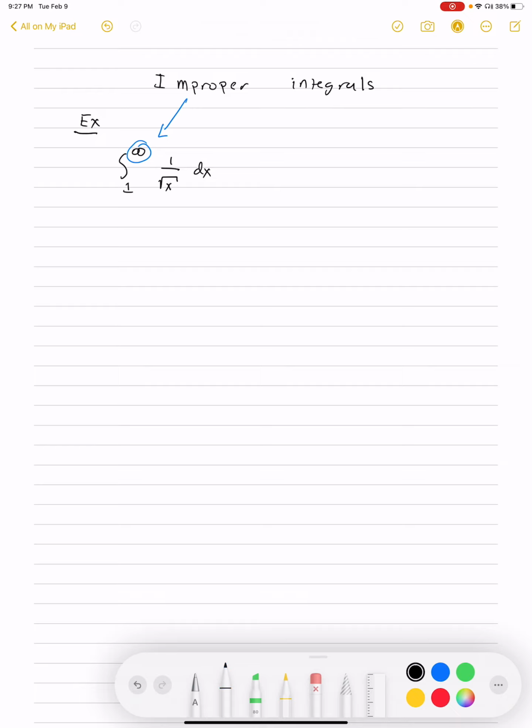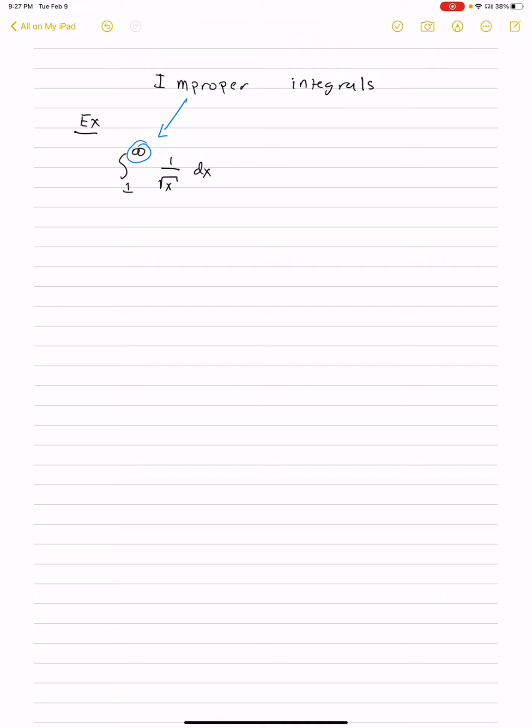If we draw 1 over the square root of x from 1 to infinity, this is roughly what its graph looks like. It is large when x is near 0, tending towards infinity, and as x gets larger, this quantity, 1 over the square root of x, gets closer and closer to 0.